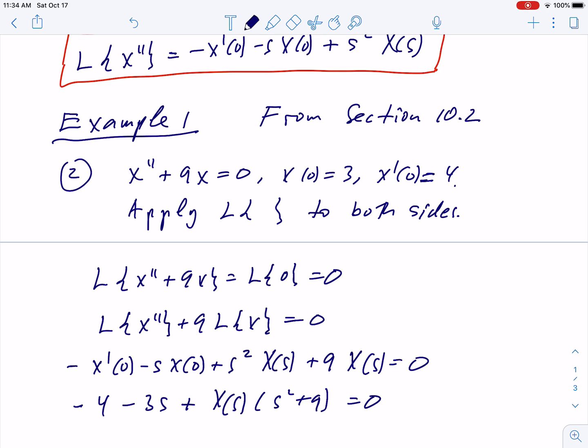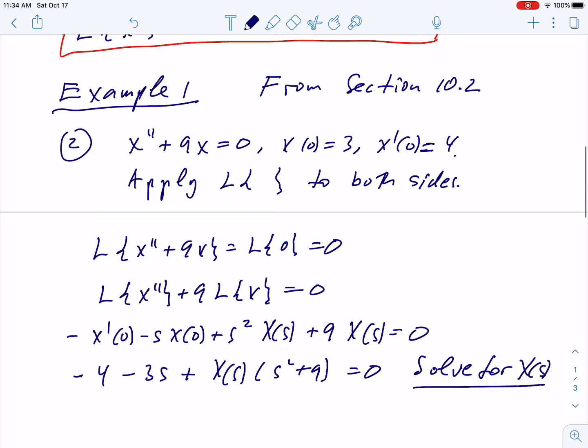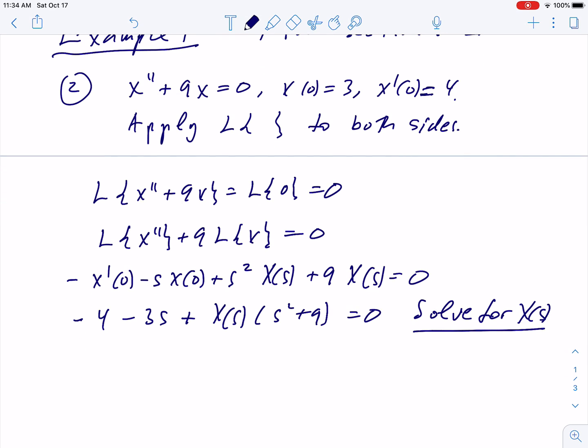And now we solve for the big X. So this is the idea. The differential equation was transformed into one algebraic equation. This is one algebraic equation. The unknown is the big X of s. We shall solve for it and then invert to find the small x.